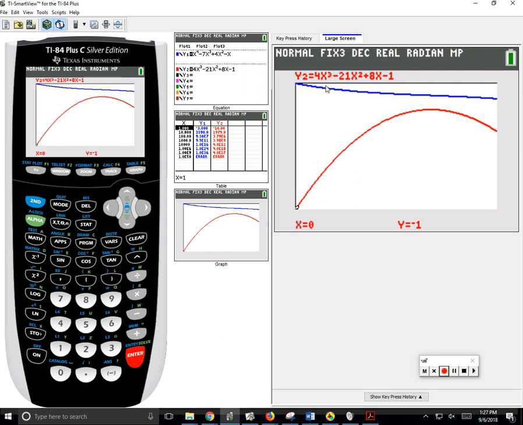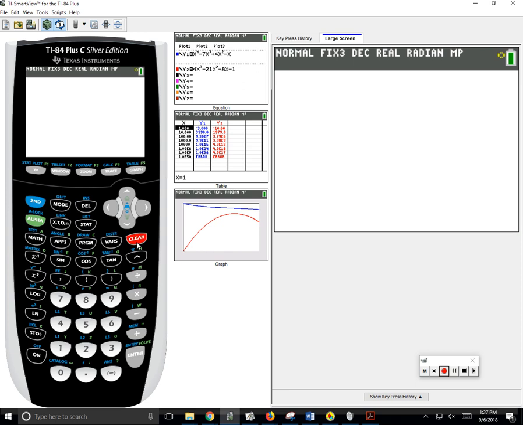Sweet. Here's one most people don't know. Quiet. Don't talk when I talk. From the main screen, you can also find the value of the velocity at time 0 or any time. You'll find this really helpful in the future. So my velocity formula is in the Y2 spot.